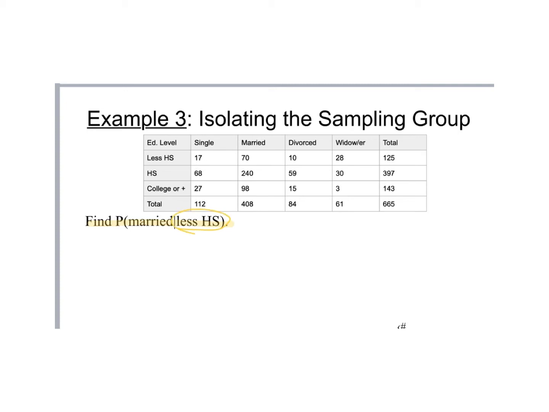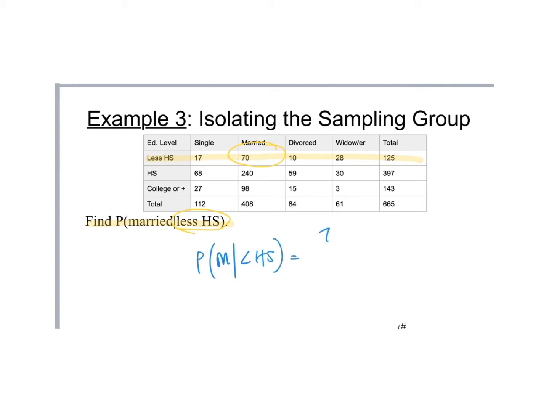So of those people with less than a high school education, now we're going to focus in on how many people were married from that group. So there's that 70 right there. Now to compute, we're going to take that, which is the event, married given less than high school.